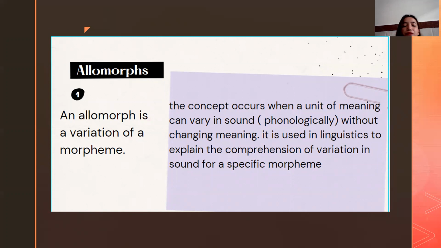An allomorph is a variation of a morpheme. The concept occurs when a unit of meaning can vary in sound, phonologically, without changing meaning. It is used in linguistics to explain variation in sound for a specific morpheme.